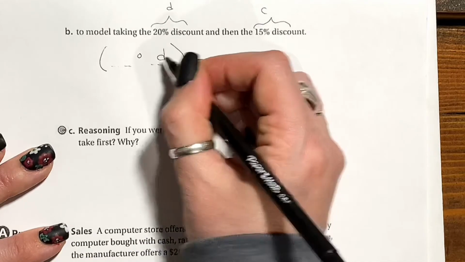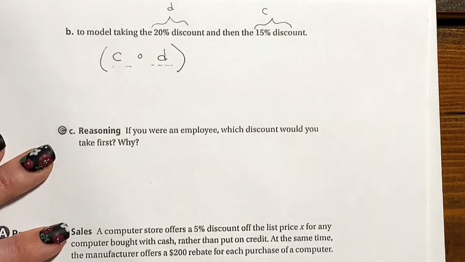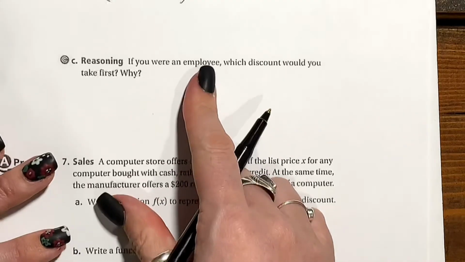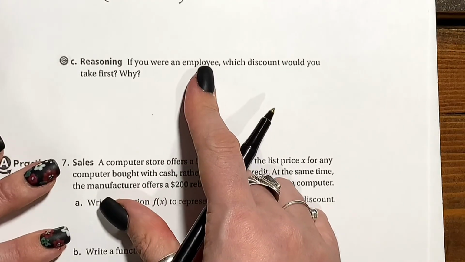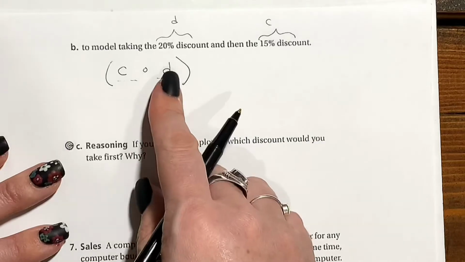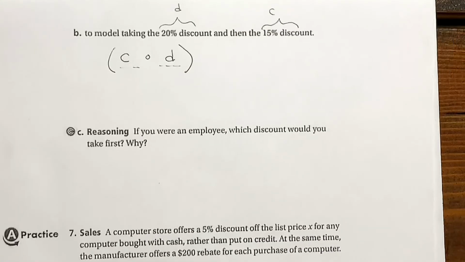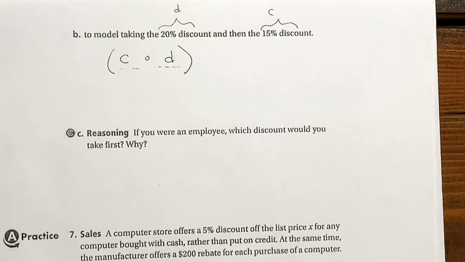So I want to put the D here and the C here. And then, what do you guys think? If you were the employee, which discount would you want to take first? Would we want to do the bigger one and then the smaller one, or the smaller one then the bigger one? So think about that for a second. Should we do 20% and then 15, or 15 and then 20?